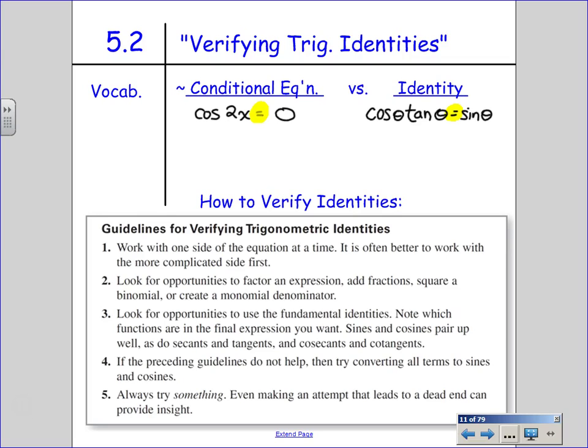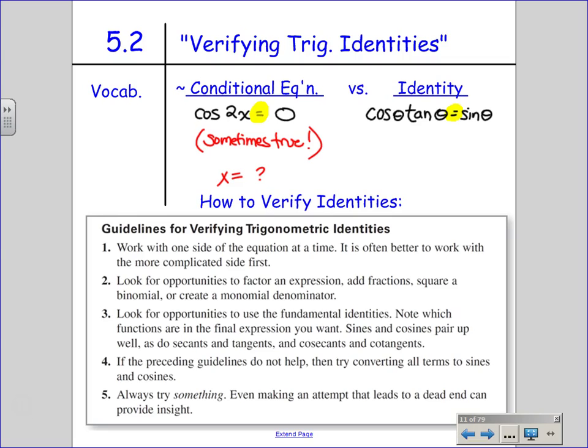A conditional equation, which we're going to come back to once we get a lot better at using identities, verifying identities, and changing things up. Some conditional equations get pretty tricky as far as how to get x alone. With conditional equations we're trying to get to x equals, because this is only sometimes true.